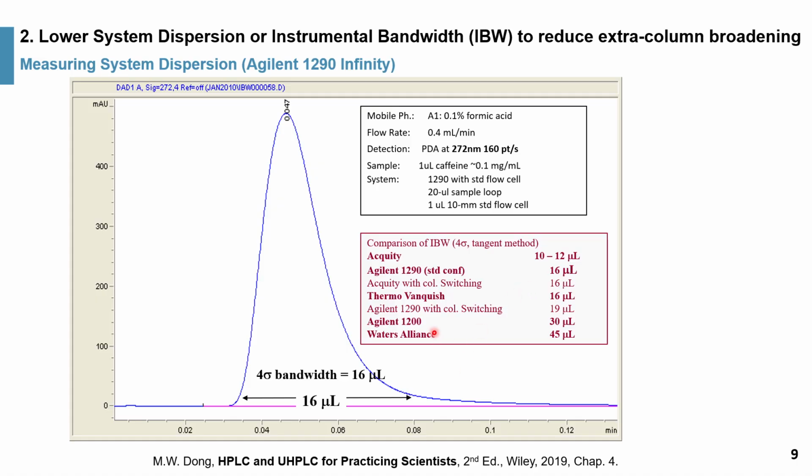And here is a tabulation of the various systems from Acquity, the Agilent 1290 with switching valve, the Thermo Vanquish, and also HPLC systems such as Agilent 1200 with a bandwidth of 30 microliters, and Waters Alliance with a bandwidth of 45 microliters.